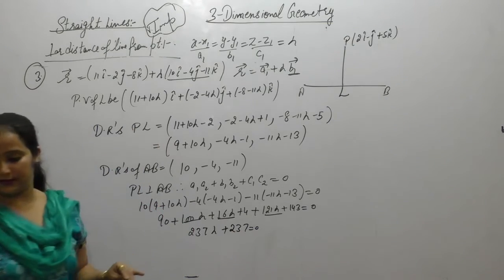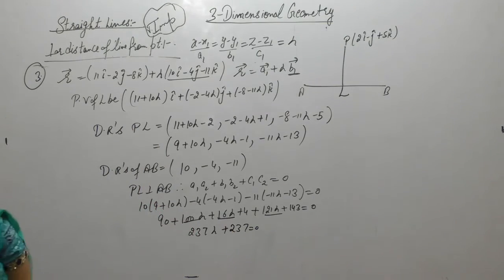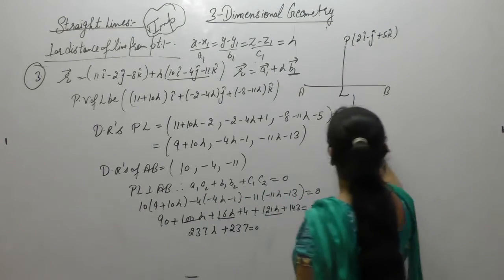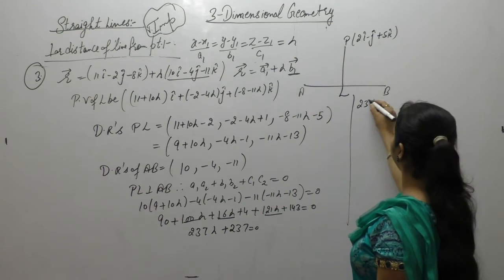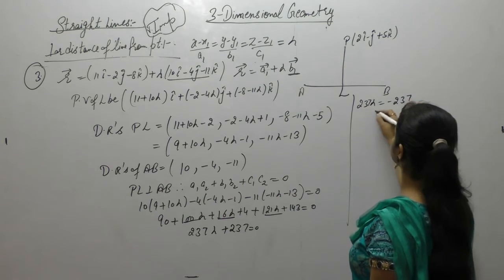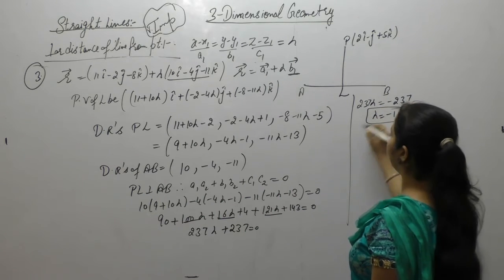So we get 237 lambda equals minus 237. So lambda is minus 1.